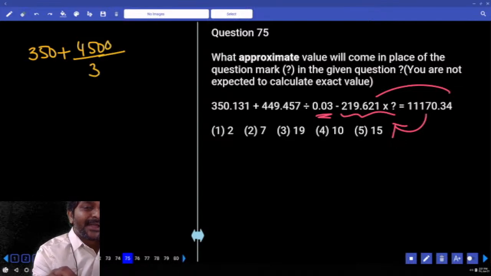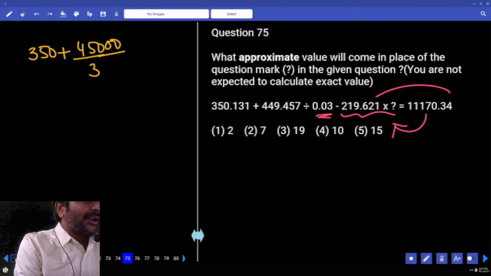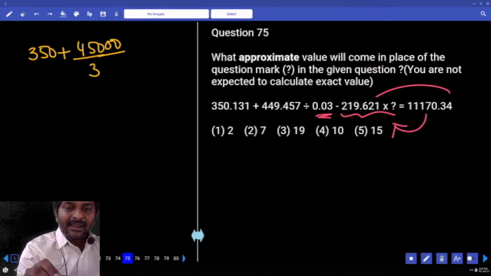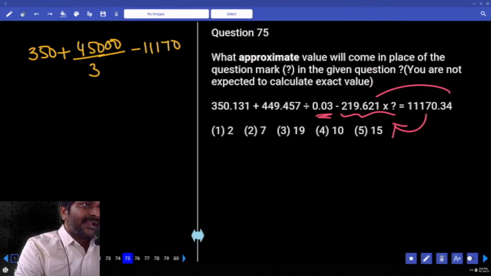Treat it as 3 by 100. You cannot approximate 0.03 as 0, because divided by 0 is infinity. Treat that number as 3 by 100. 100 comes to the numerator. Is that okay? The right hand side number 11,170 comes to the left hand side.